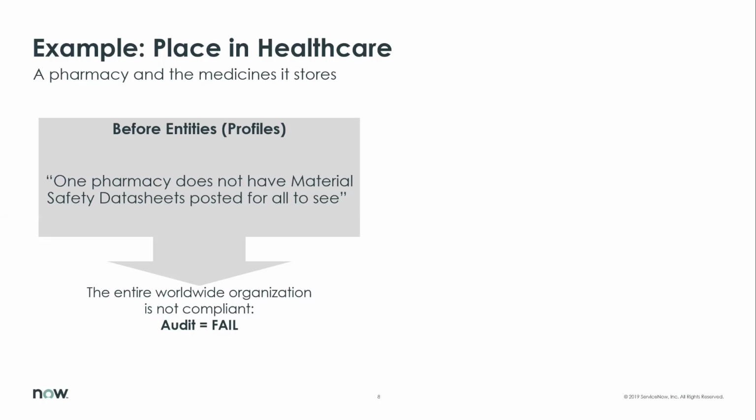They'd have to send emails to every location manager and say, do you have all of your stuff associated? And they manage this back and forth, maybe with shared drives and email and spreadsheets, and making sure every location was doing exactly what they were supposed to do was kind of difficult. And in many cases, things would slip through the cracks, and then when an audit would happen, they would fail.